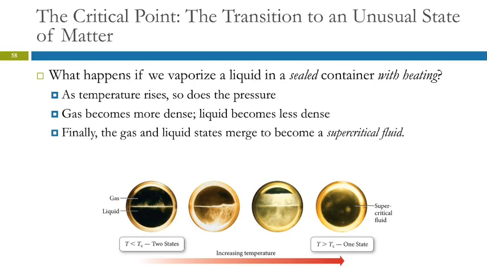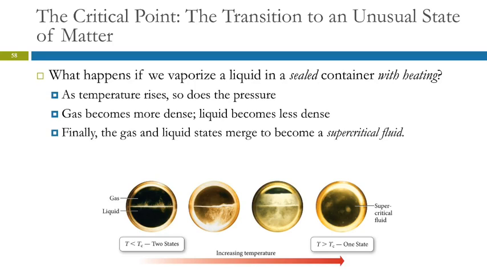So there's an interesting transition that occurs when we heat a liquid in a sealed container. So here the pressure is going to build up. As the temperature rises, the liquid evaporates, more gas is formed, and the pressure increases.